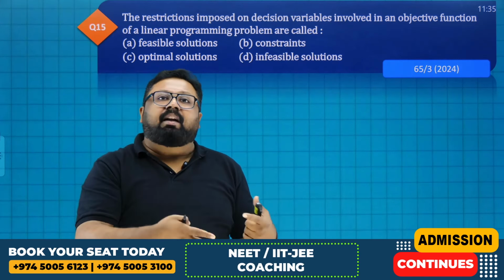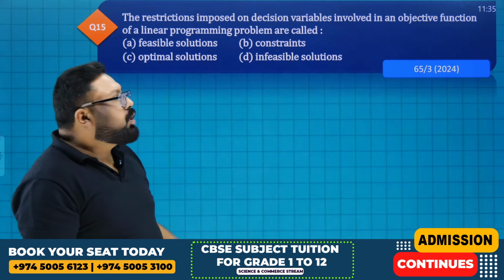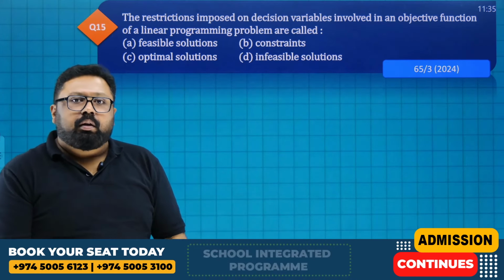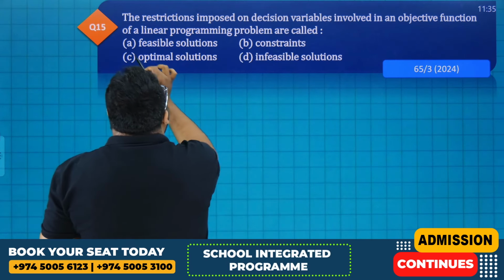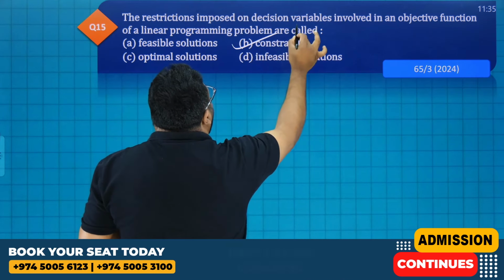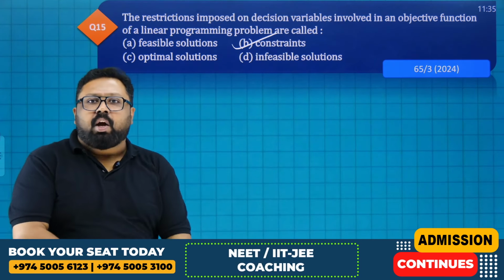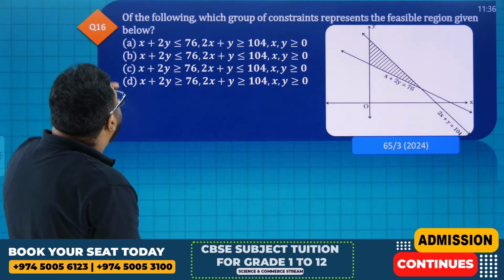Feasible region is obtained by what? The constraints. So, what restricts the objective function's value? The feasible region. Feasible region is obtained by the constraint. So, what imposes the restrictions on our LPP problem, my dears? Constraints.